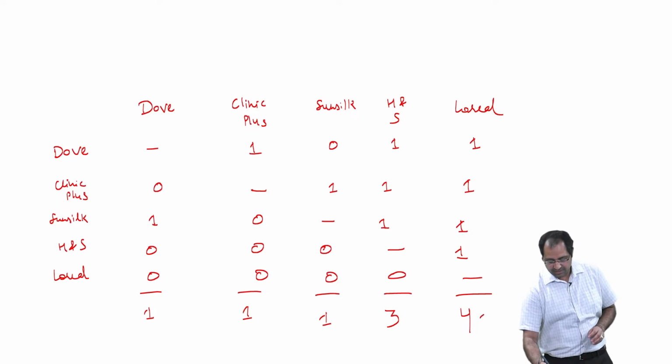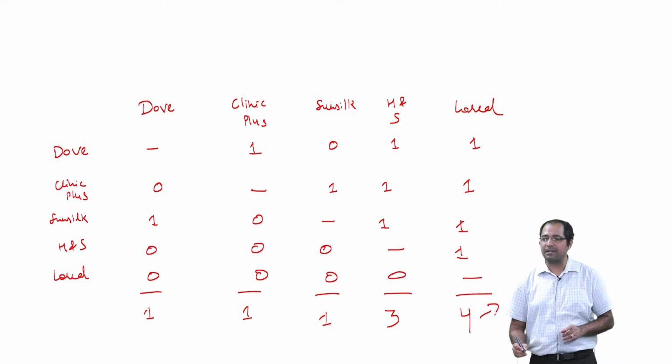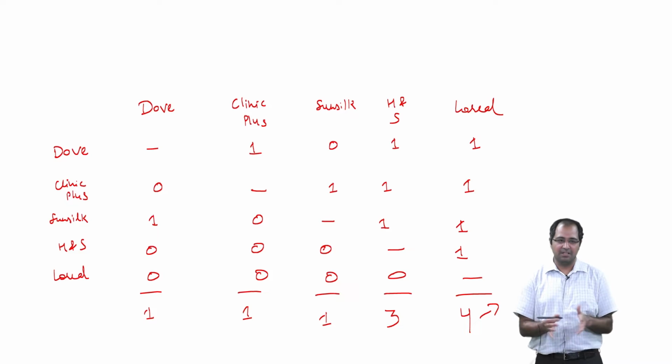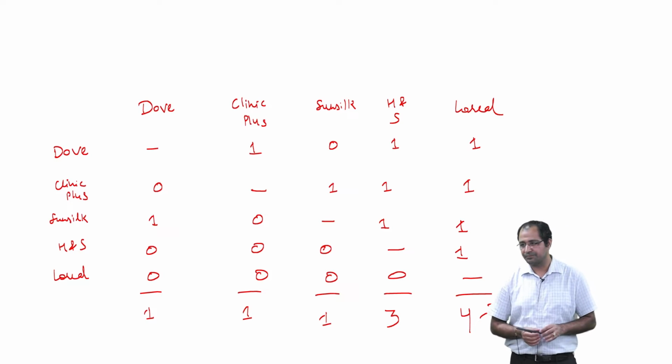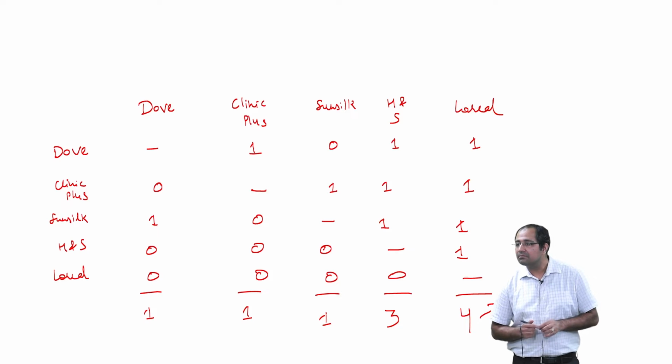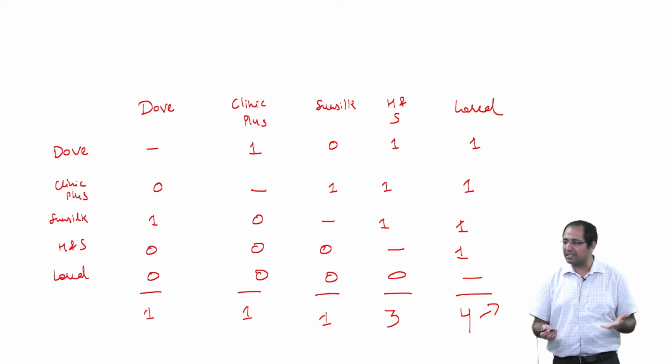So L'Oreal is most preferred, second is Head and Shoulder, and Sunsilk, Clinic Plus and Dove have low and equal preference. Likewise, you have to collect data from 1000 people. Depending upon your market size, you take a representative sample and do this matrix.